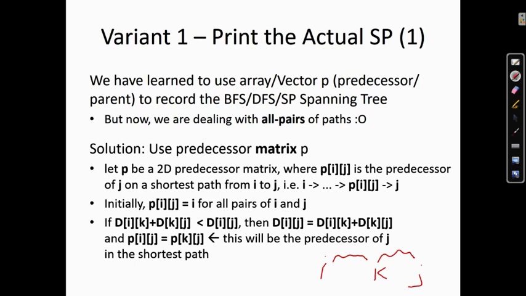So what is now the predecessor of j along the path from i to j? It is the predecessor of j along the path from k to j. So you just update it like this: P[i][j], the predecessor of j along the path from i to j, is now P[k][j], the predecessor of j along the path from k to j. That's how you update it.